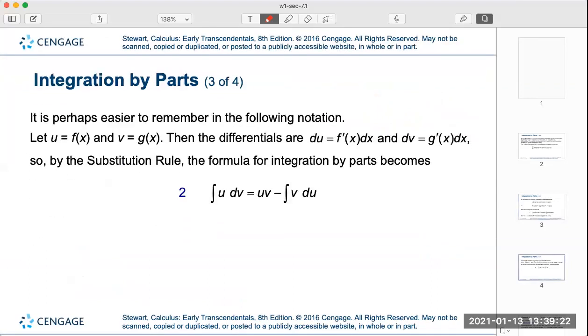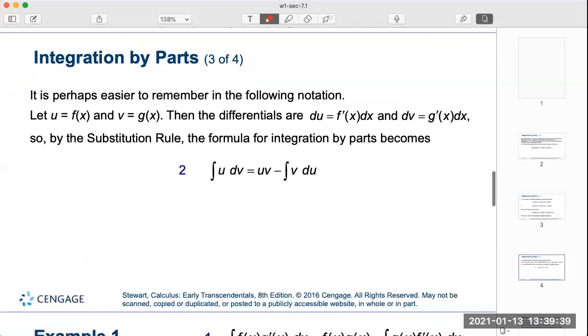So here is another way to memorize it. If we call the function f is u and the function g is v, then we can write the formula in this form. So remember, if u is equal to f of x, then du over dx will be f prime, right? So if we multiply both sides by dx, what do we have?